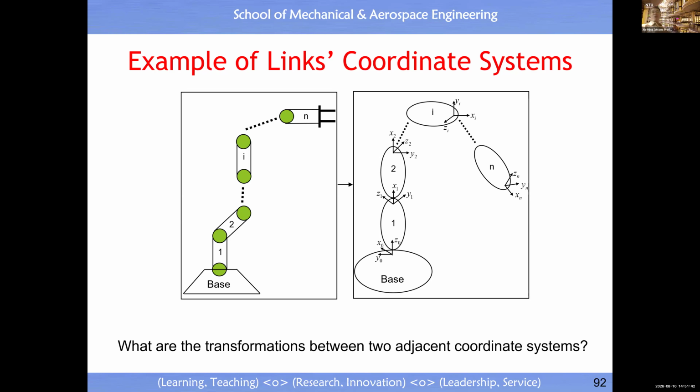So the coordinate system assigned to the base link is at the proximal extremity of link 1. If you follow this slide, you will know the relationship. It's quite simple, but quite important. Try not to confuse yourself. Follow the convention, then you will not make a mistake.